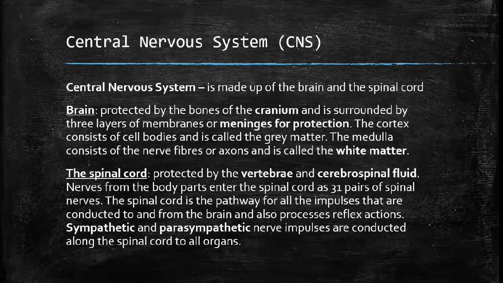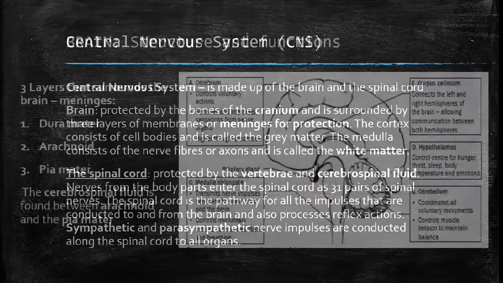And the spinal cord is the pathway for all the impulses that are conducted to and from the brain, and also processes the reflex actions. And we have got what we call the sympathetic and the parasympathetic nerve impulses, which are conducted along the spinal cord to all organs. You're going to understand what I'm trying to explain here when you're looking at the diagram.